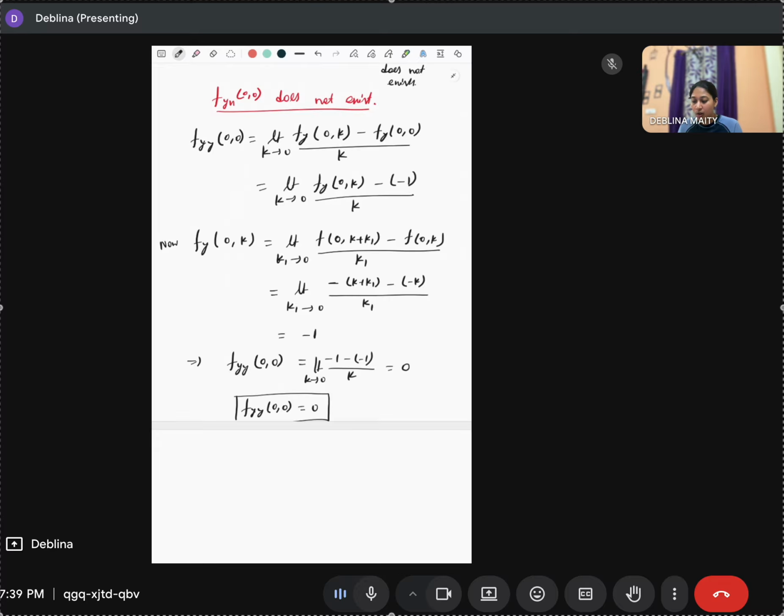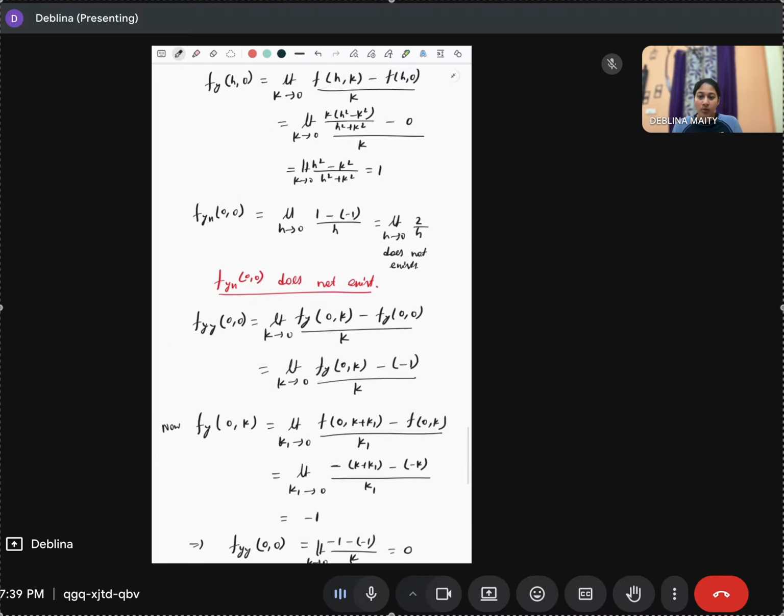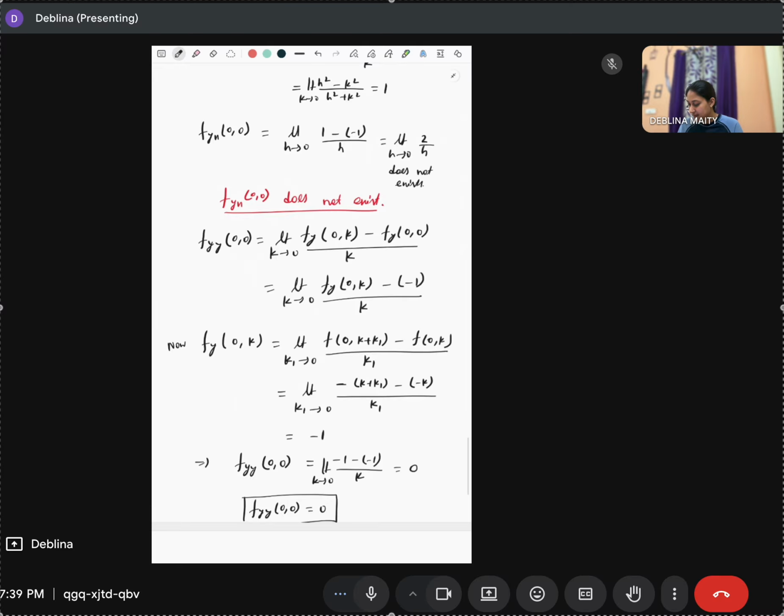So we have found both first order partial derivatives and all the 4 second order partial derivatives, right? Okay, now we'll discuss maxima minima of this 2 variable function.